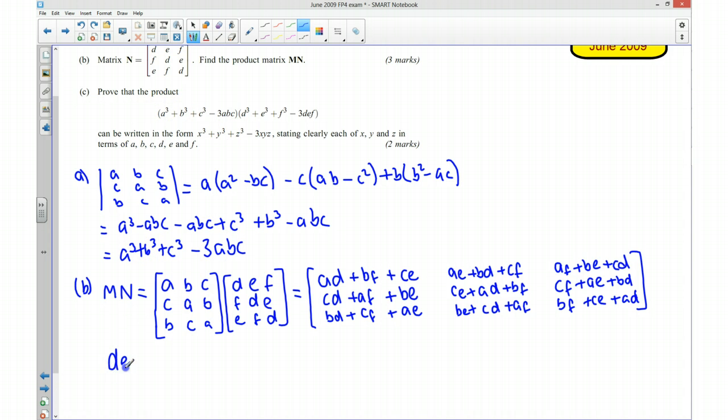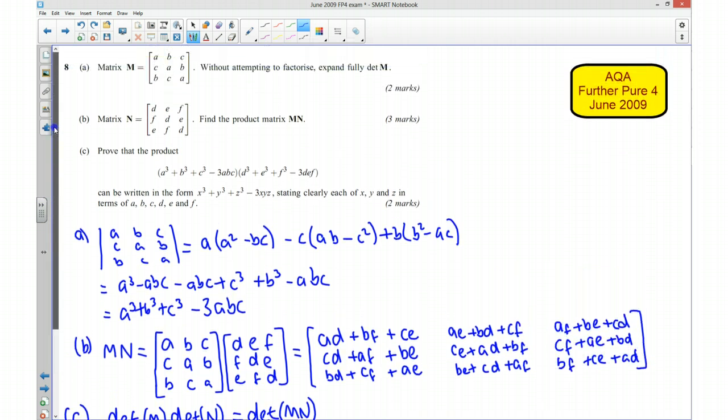And for part C, the determinant of M times the determinant of N, we should know the rule that that is going to be the same as the determinant of MN. Okay, so what we're saying is that the determinant of this here times the determinant of this here is going to be equal to the determinant of this here.